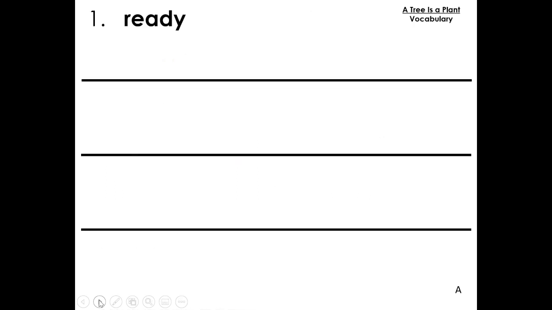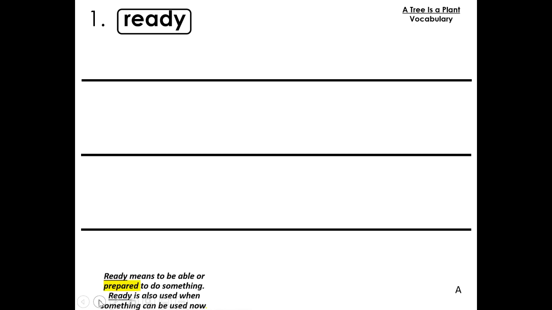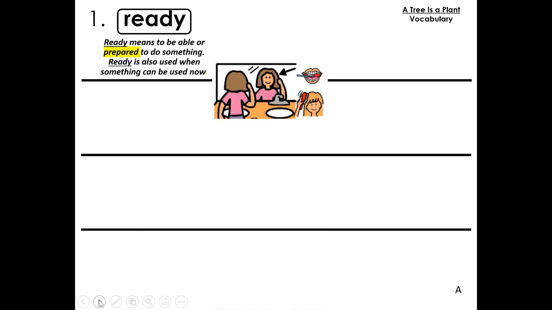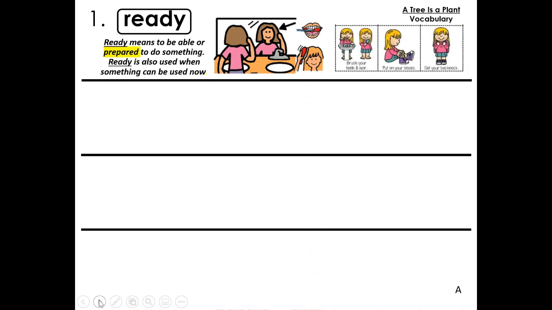All right, it is time to check your work. Make sure you have all of these words written down and spelled correctly. Number one, ready. Ready means to be able or prepared to do something. Ready is also used when something can be used now. Number two, country.